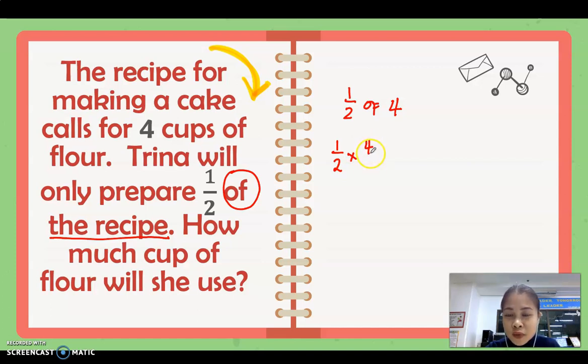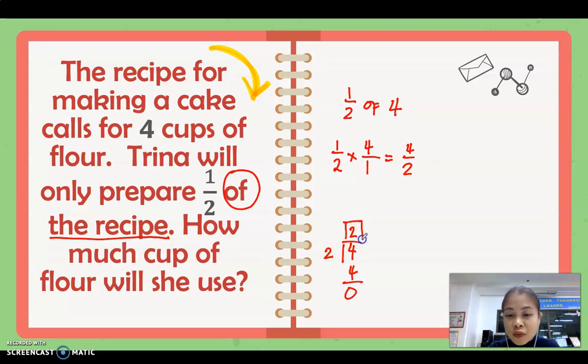Now, since it's a whole number, the rule is you just have to put 1 as the denominator, then multiply the numerators, which is 4, and multiply the denominators. If it's an improper fraction, you change it into a proper fraction or a mixed number or a whole number. Let's divide. 4 divided by 2 is 2. There is no remainder.